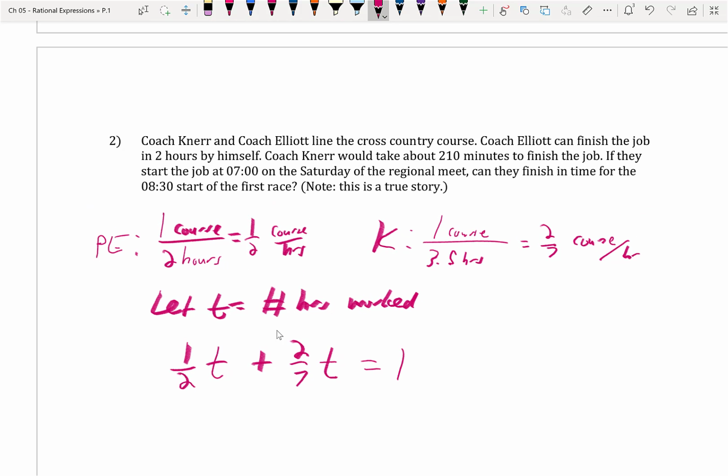Freshmen, you're not very adept with dimensional analysis. Sophomores, you're going to be spending a lot of time with dimensional analysis, but dimensional analysis means this. If I have 1/2 courses per hour and I multiply that by the number of hours, the number of hours cancels and I'm left with courses. So really what I have here is part of a course.